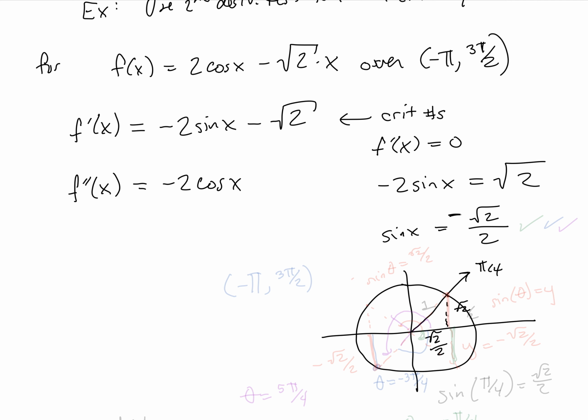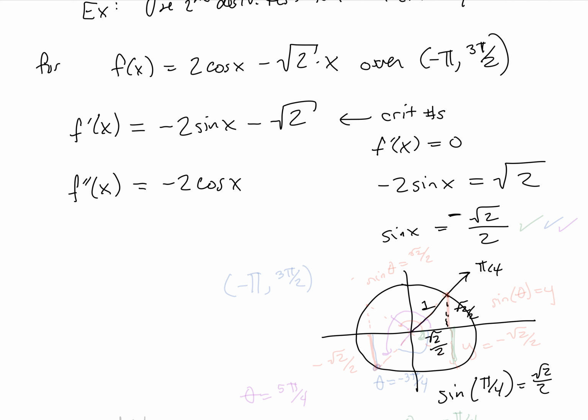So square root of 2 over 2 and square root of 2 over 2 are the lengths of both sides of that right triangle with hypotenuse 1. You could also look at a set of common values for sine and find that sine of the angle pi over 4 is square root of 2 over 2.